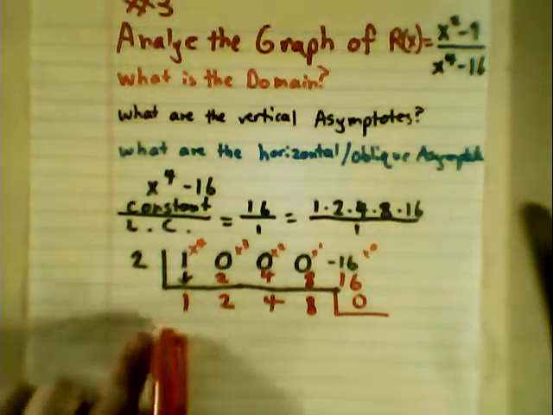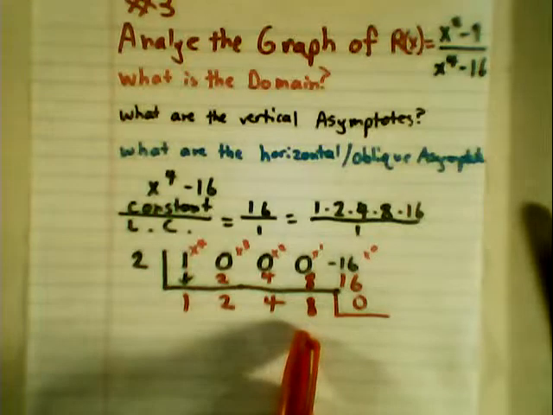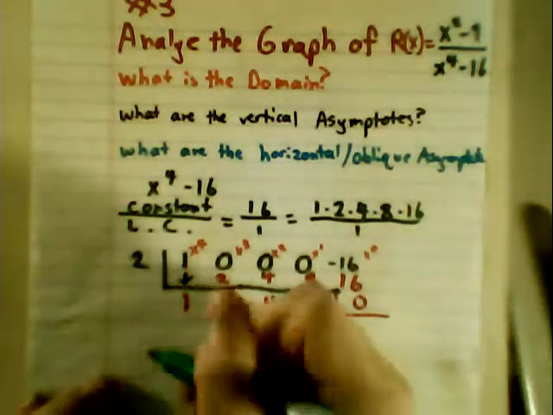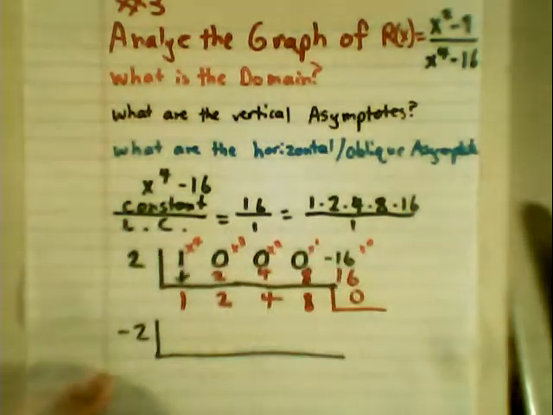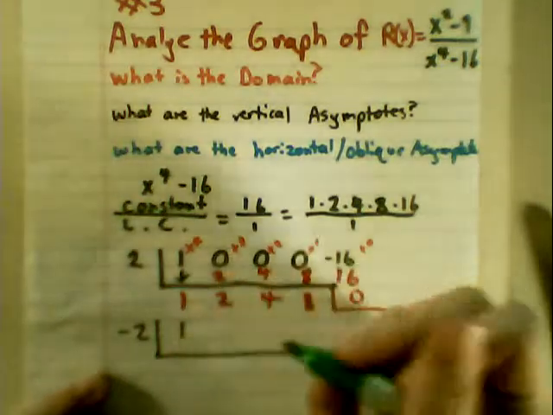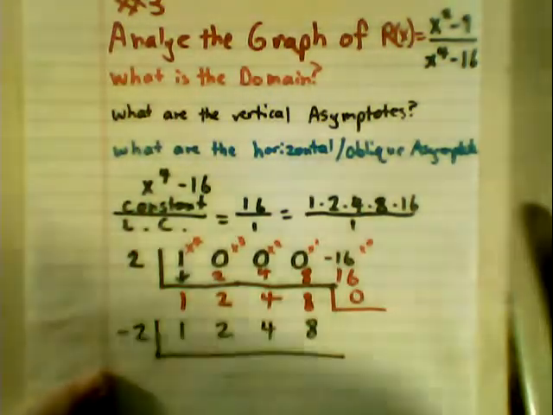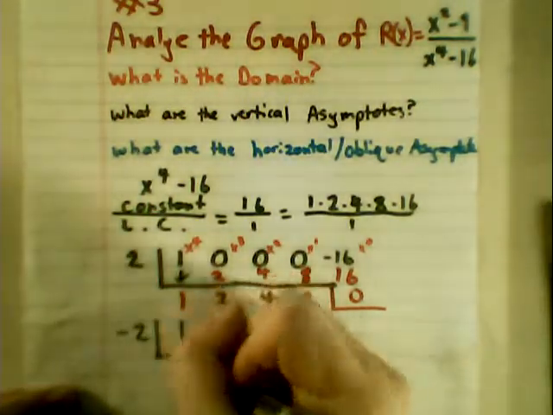So now that we have 2, let's pull this down into another synthetic division, and let's try negative 2. We pull the 1 down, the 2, the 4, and the 8. We pull this 1 down.